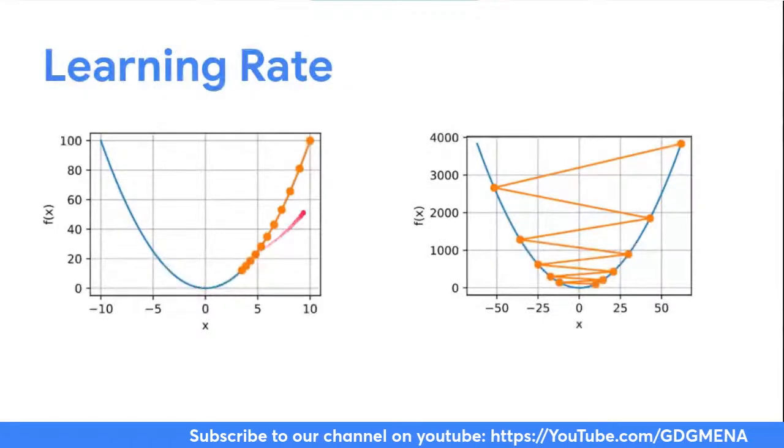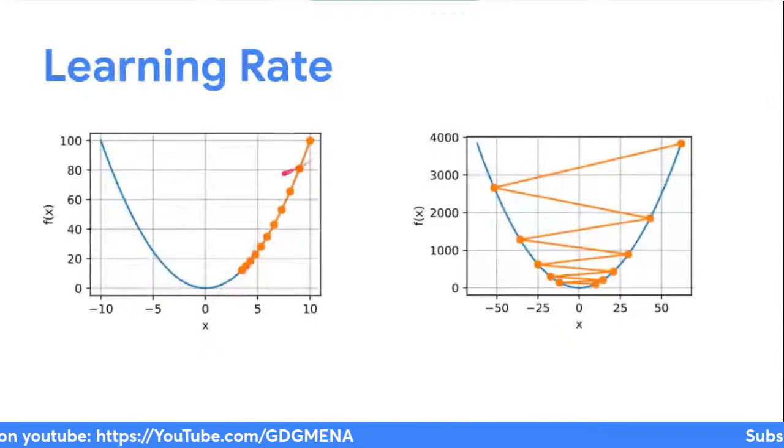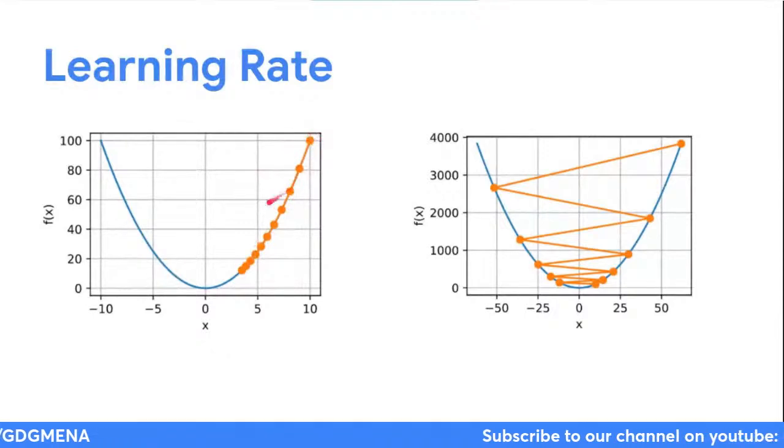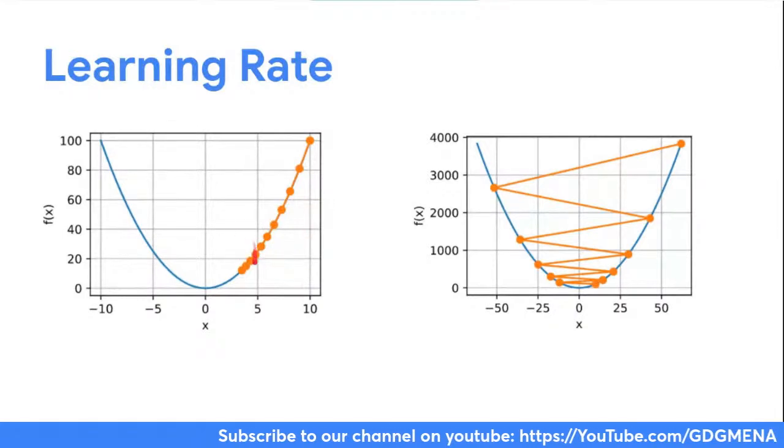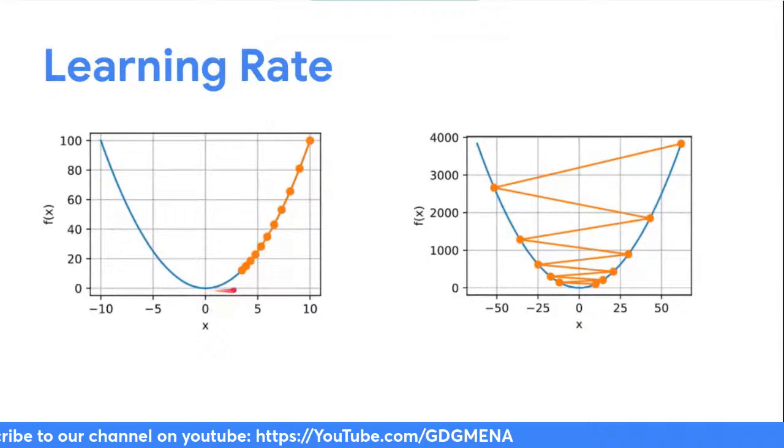So here we will have more iterations. With a small step or small learning rate, we will move slowly to reach the bottom, the lowest loss function.